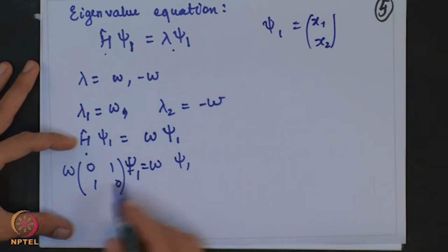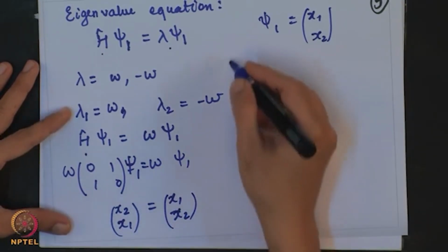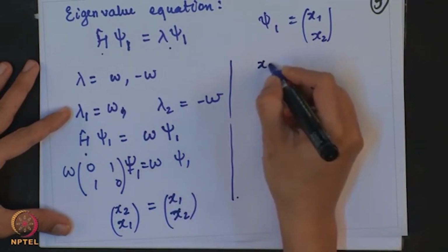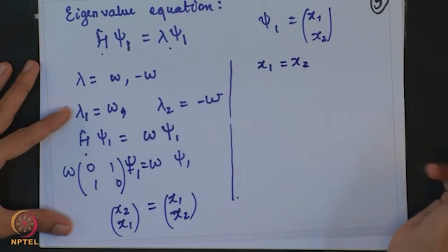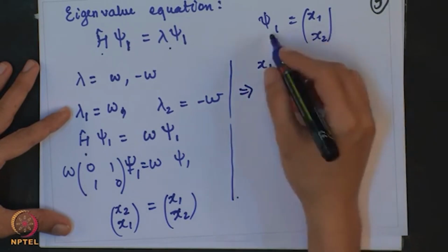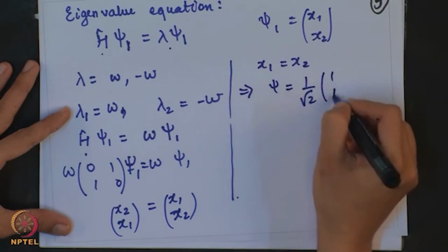Then what I get here is x2 x1 equal to x1 x2. So, x1 is equal to x2. This would imply that psi 1 is 1 by root 2 times 1 1.